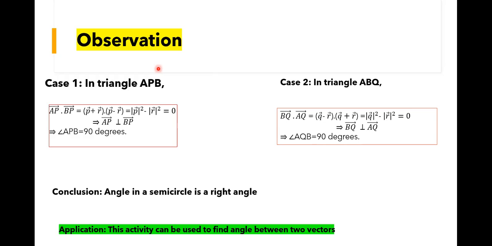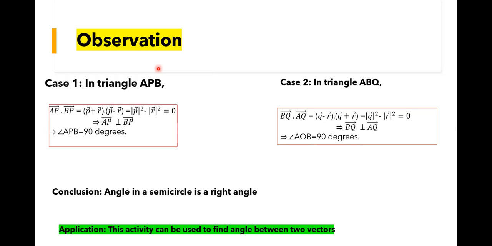But you know magnitude of P equal to magnitude of R, because OP, OA, OB, OQ, all these are radii of the same circle. So that's why magnitude of vector P equal to magnitude of vector R. So magnitude of P squared minus magnitude of R squared equal to 0.